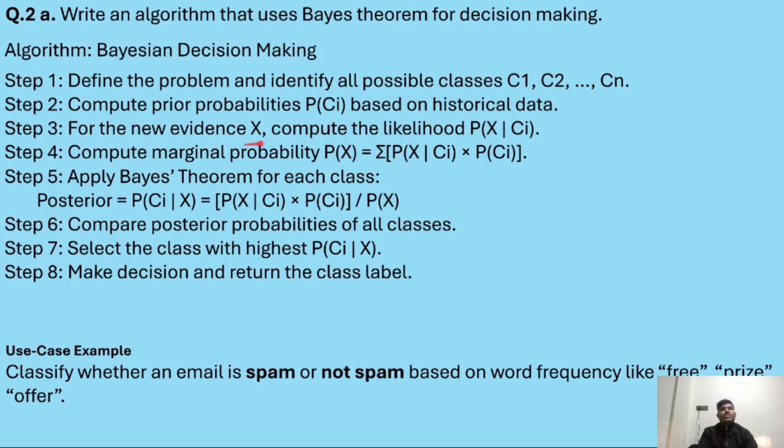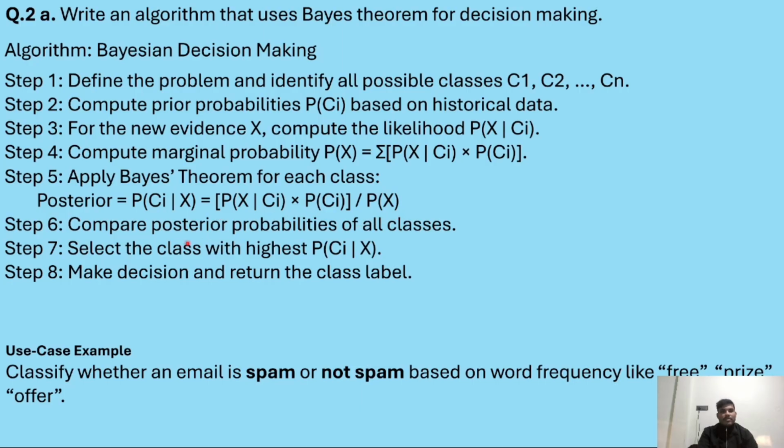Step 3, for the new evidence X, compute the likelihood P(X|Ci), and compute the marginal probability P(X) equals the sum of P(X|Ci) into P(Ci). Step 5, apply Bayes theorem for each class. Posterior P(Ci|X) equals P(X|Ci) into P(Ci) upon P(X).